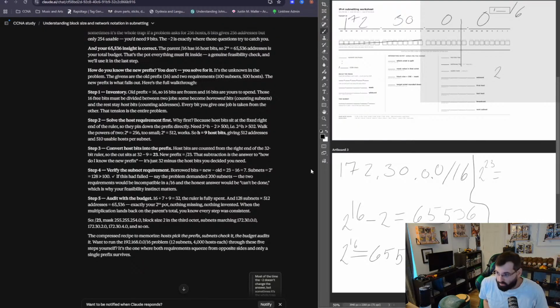So 2 to the power of 23. But I also understand that the more addresses you have, the fewer subnets you can have. Okay, hold on.